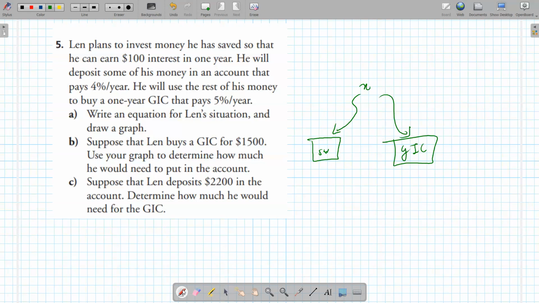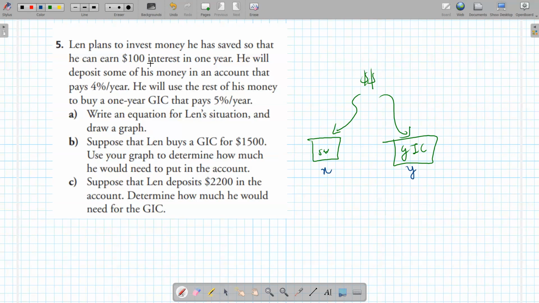So this one, coming up with the equation is probably the most difficult part here. What do you think the equation will be? So let's say he puts X dollars into the savings account and he puts Y dollars into the GIC.